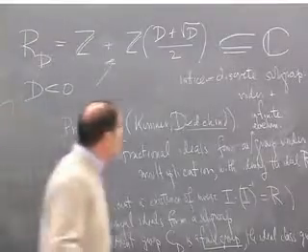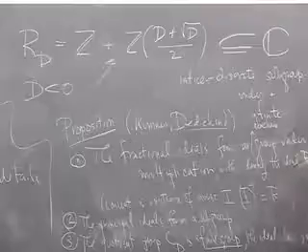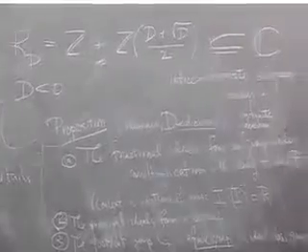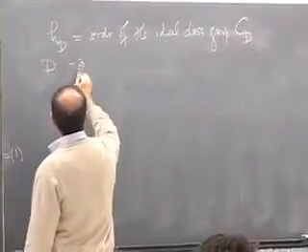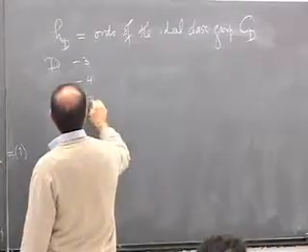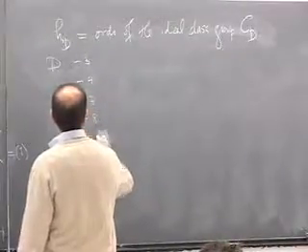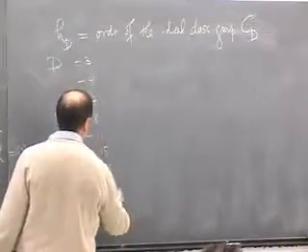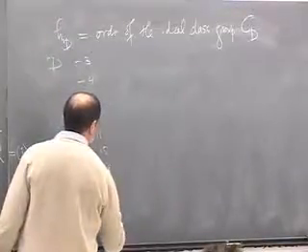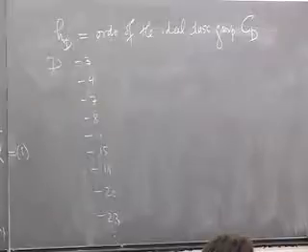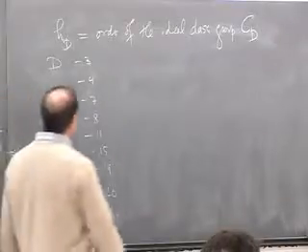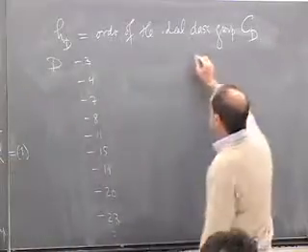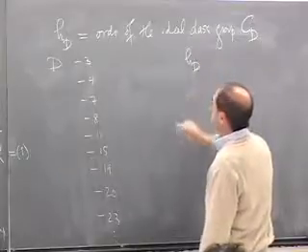I'll give you the first couple of discriminants: -3, -4, -7, -8, -11, -15, -19, -20, -23. So we've tabulated these discriminants before. And then I'll put next to them the class number.